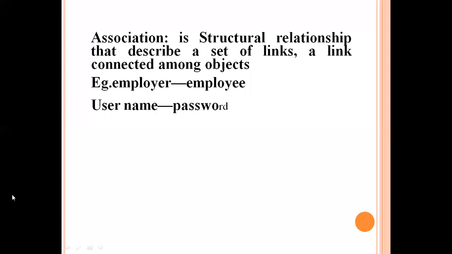Suppose username and password. If any username exists, automatically every username has its password. So the username is associated with some password, and the same employer is associated with some employee. Suppose students belong to some college, or a boy belongs to some school.